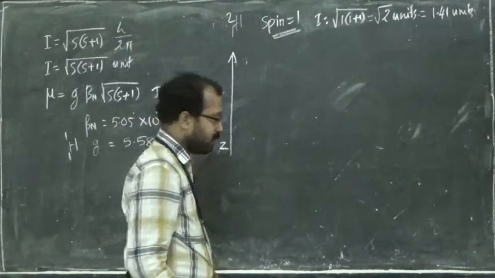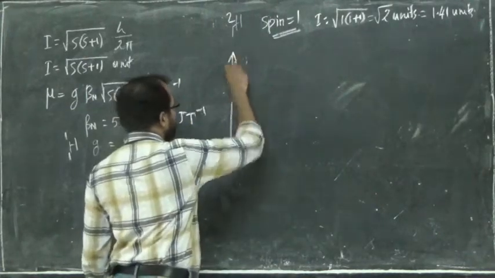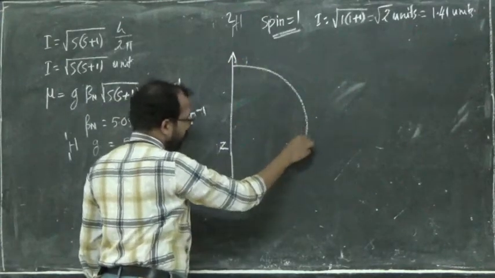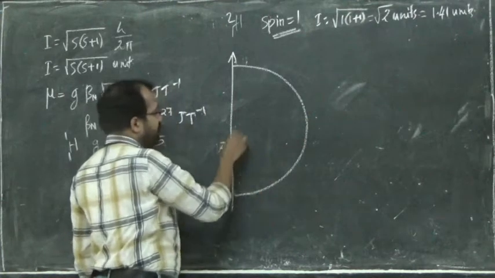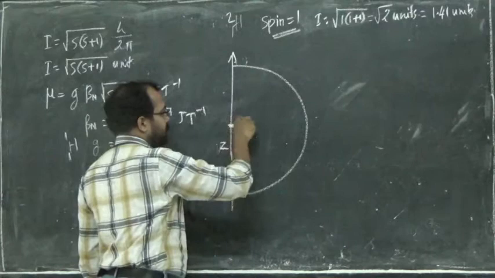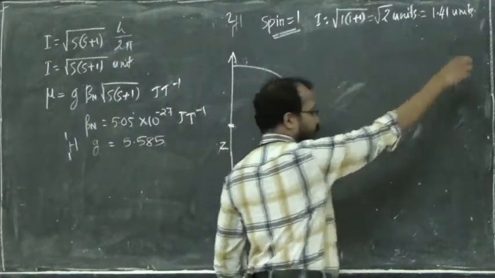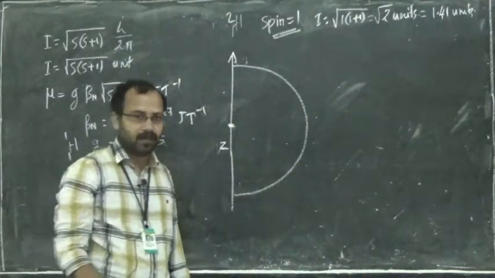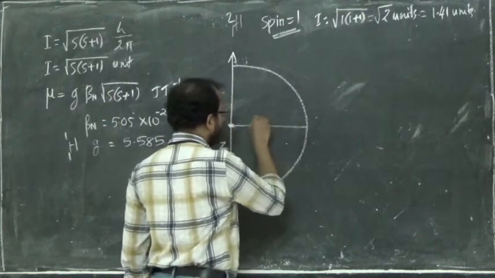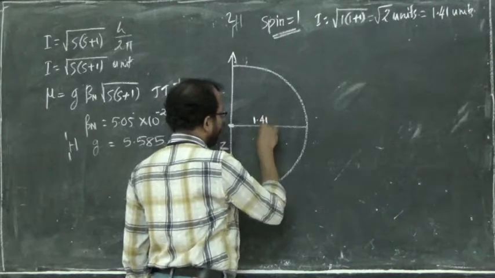angular momentum directions, right? If I am taking a semicircle like this, and this semicircle has the center here, and the radius of this semicircle is 1.41 units, meaning the distance from here to here is 1.41 units.